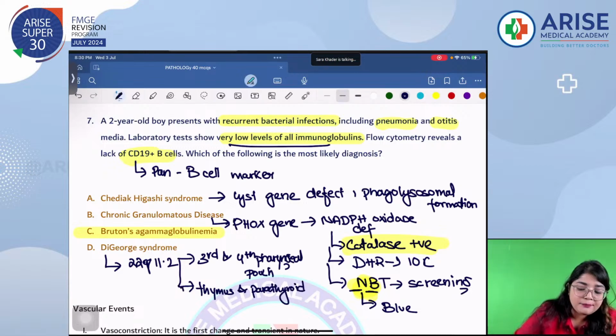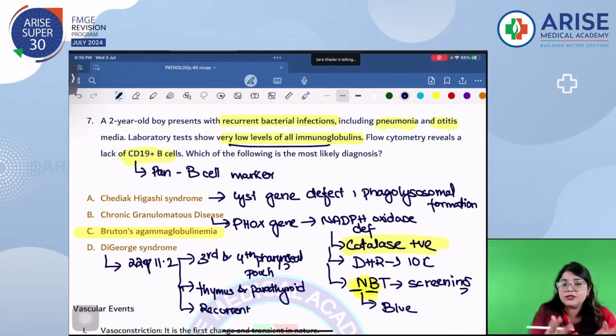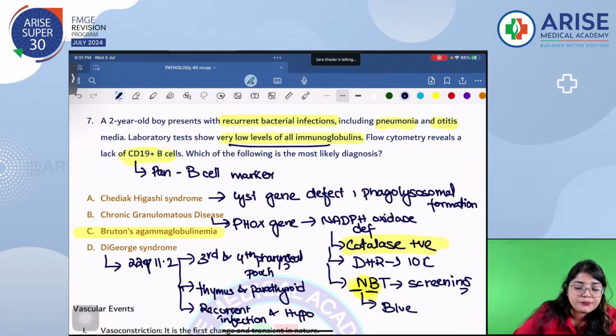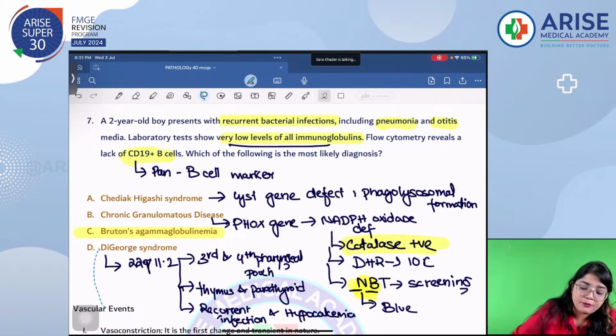Because of that, the 2 consequences that you see are recurrent infections, because in the thymus your T cells mature, as well as hypocalcemia.